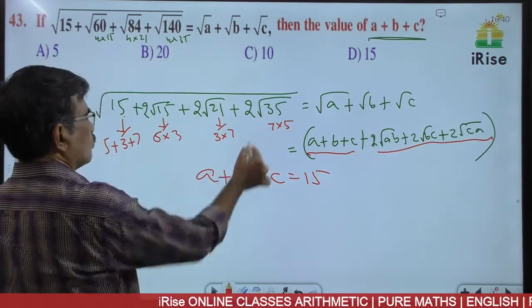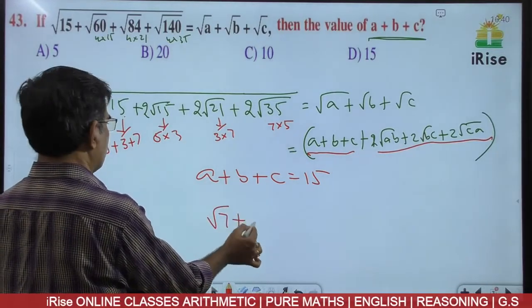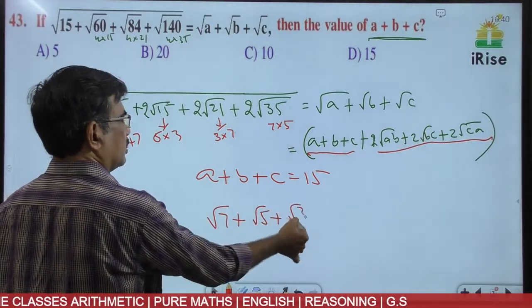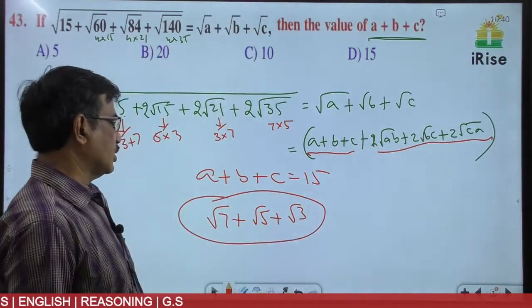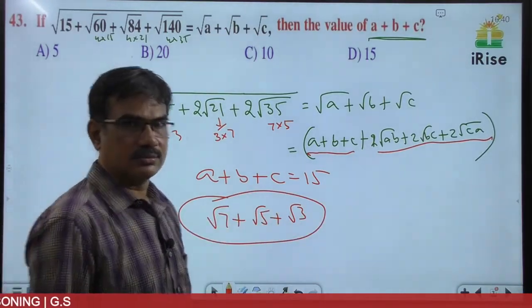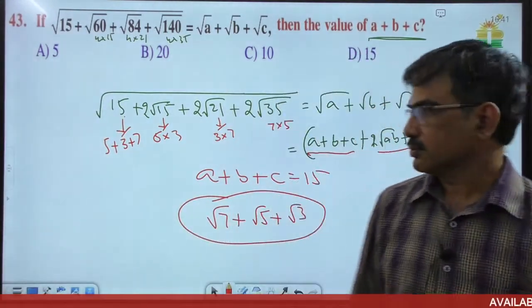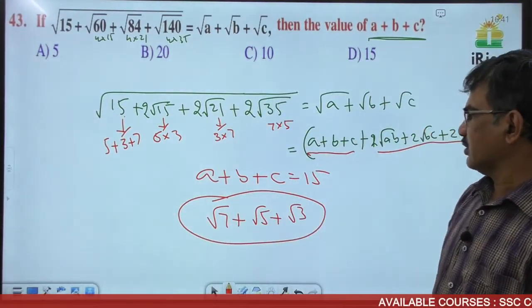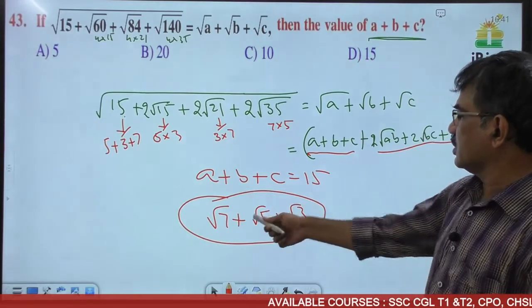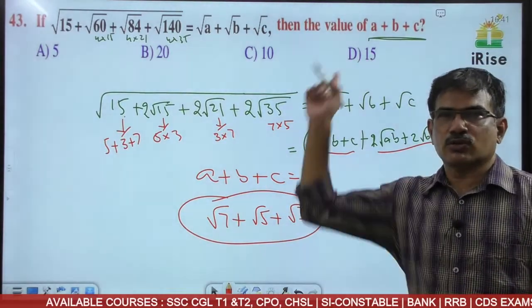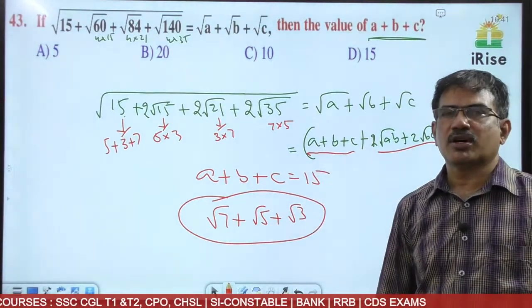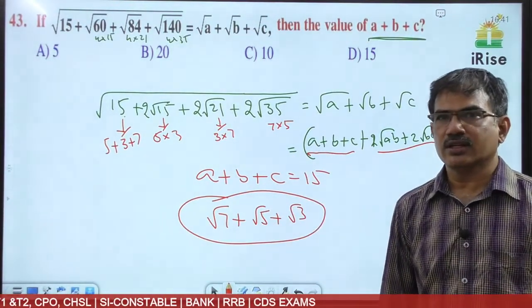So therefore, the square root of this is nothing but root 7 plus root 5 plus root 3. So these are the values of a, b, c. But comparison is somewhat difficult because we don't know which one is a, which one is b, which one is c. That's why the question is given only with the rational part. Okay, next one.